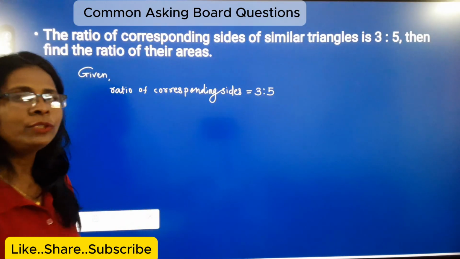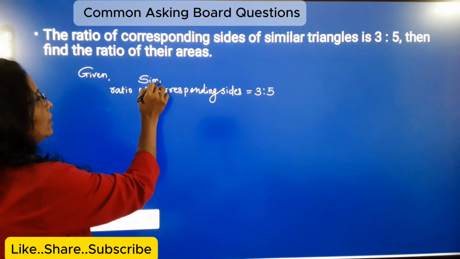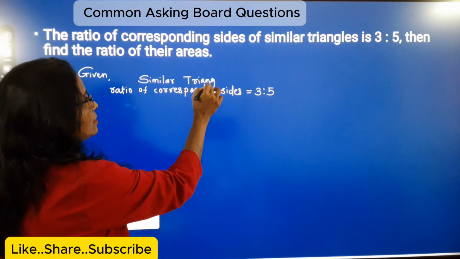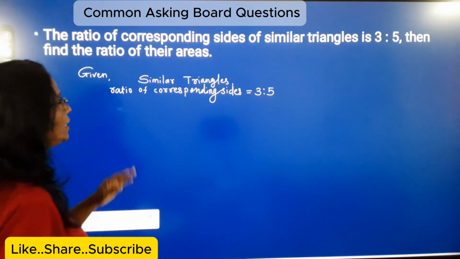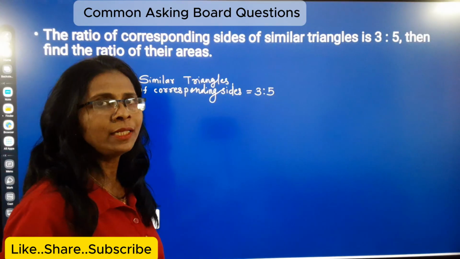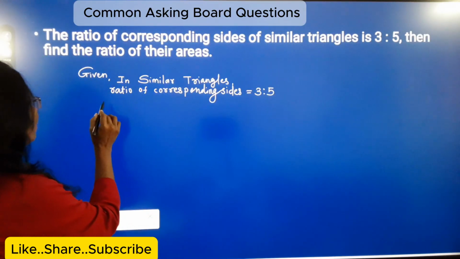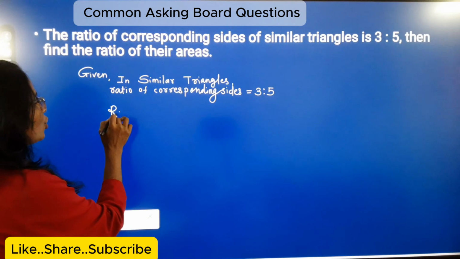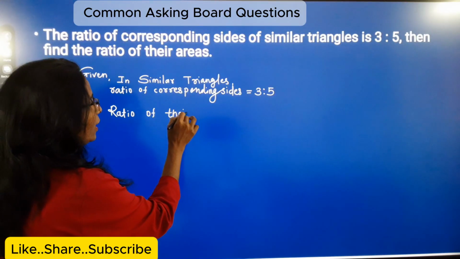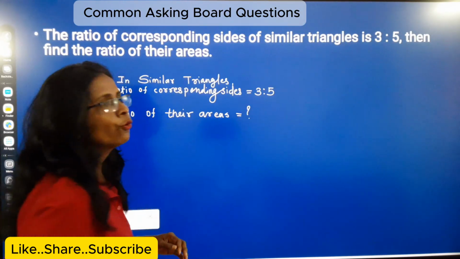In the given we write the similar triangles, and in those similar triangles the ratio of corresponding sides is equal to 3:5. And here we have to find the ratio of their areas. Ratio of their areas is equal to question mark.